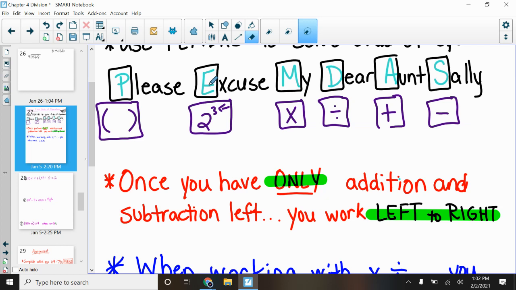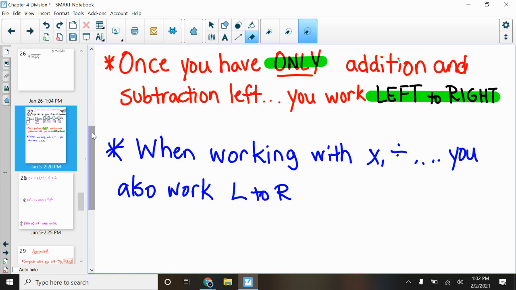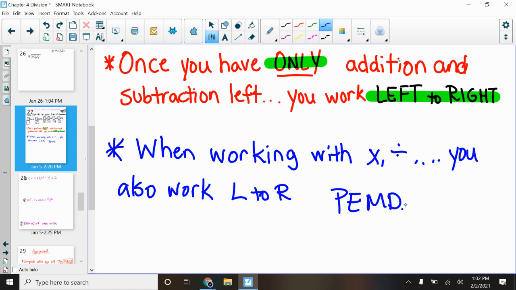The M, the D, the A, and the S, that's where things then start to work in pairs. So we have these two little nuggets of information that helped us to remember that when we get to that section of PEMDAS, the multiplication and the division, they're a group, they go together.